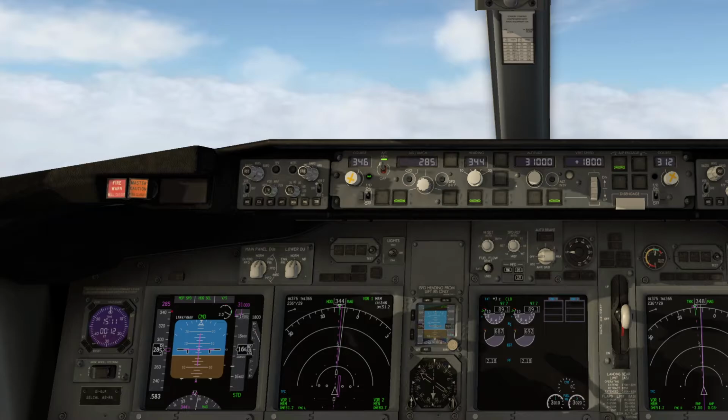Mike Romeo Mike, 51 nautical miles. 82, and at 82 the needle should be nearly centered.